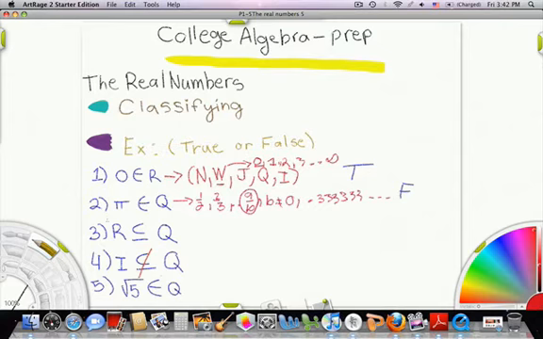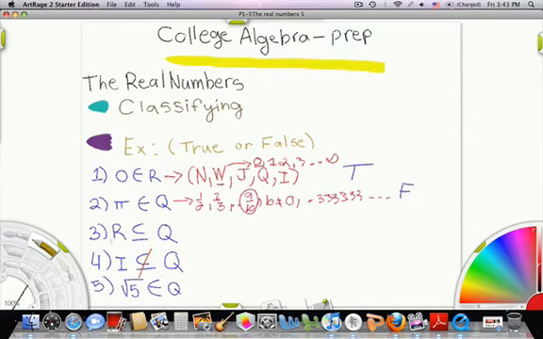Okay, and let's look at number 3, where R stands for all real numbers and Q stands for rational numbers. It says the member set of all real numbers is in the member set of rational numbers. So if you think about what this is asking, it's saying that all the numbers that are encompassed in real numbers are in this member set.